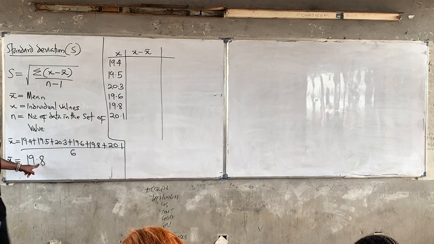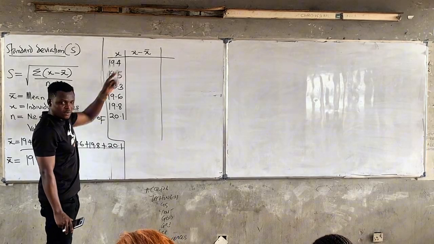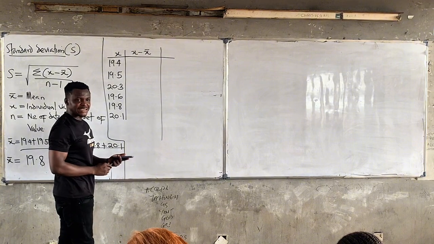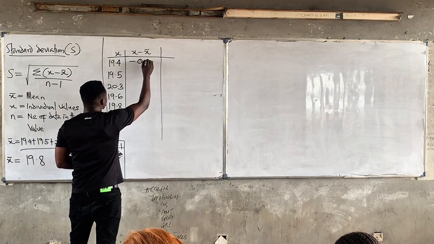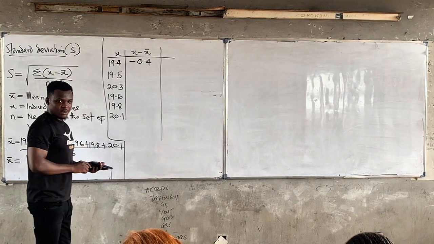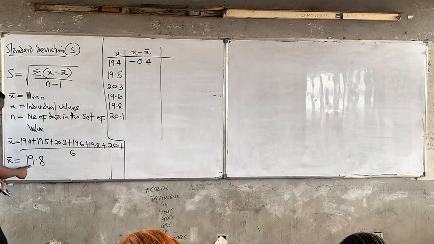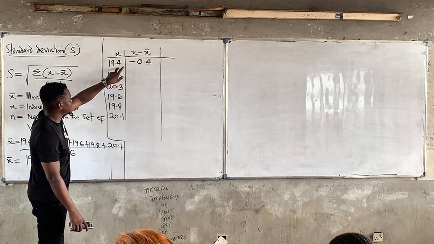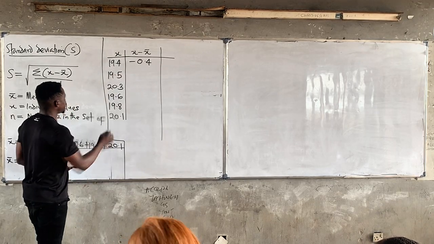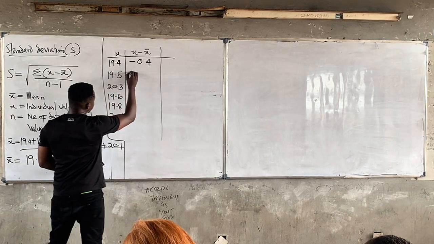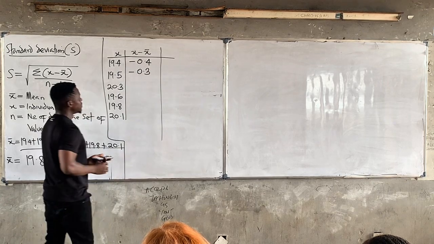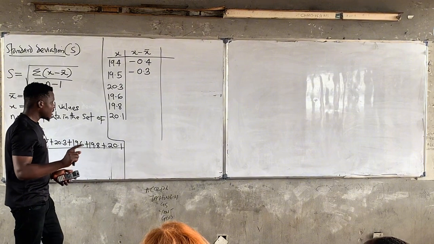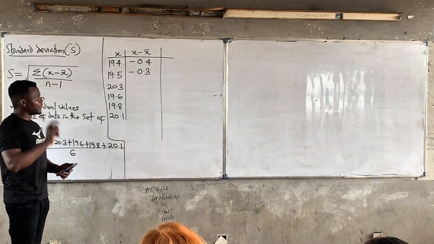For this one, x is 19.4, the mean is 19.8, right? So we say 19.4 minus 19.8, that is minus 0.4, right? The next one is 19.5 minus 19.8, this is minus 0.3, right?